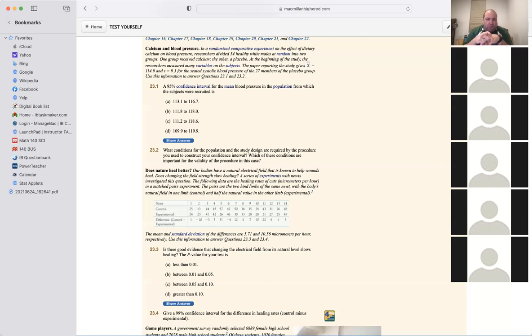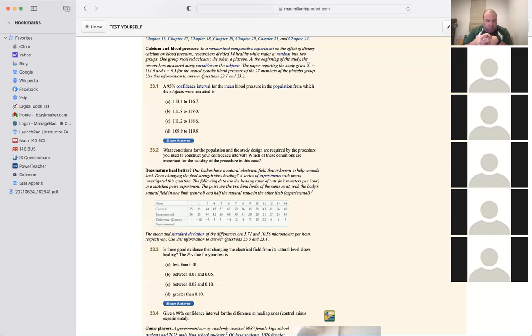The values in the chart are measuring something. You've got to read the question. What are they measuring in this case? Our bodies have a natural electrical field that is known to help wounds heal. Does changing the field strength slow healing?